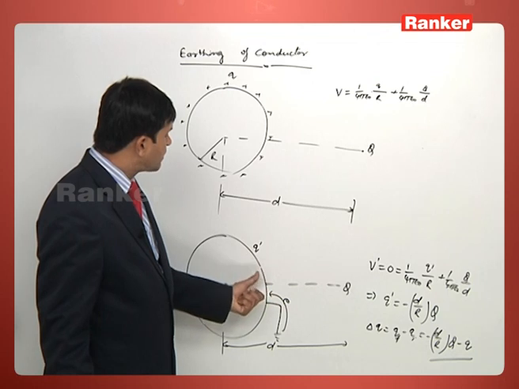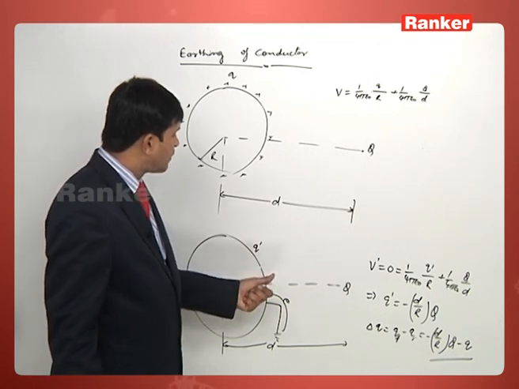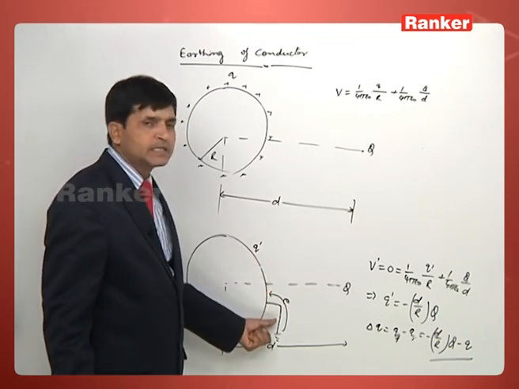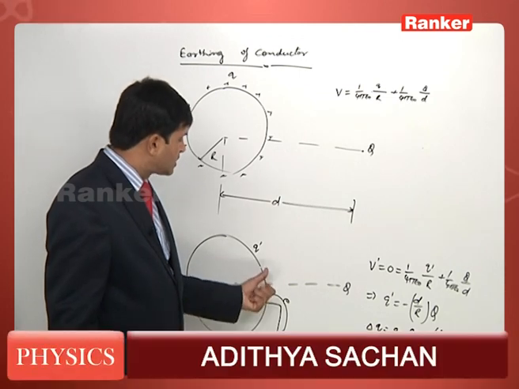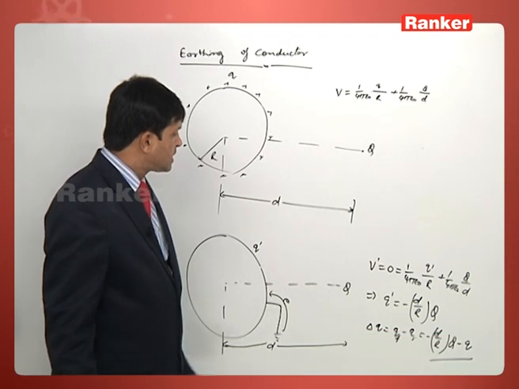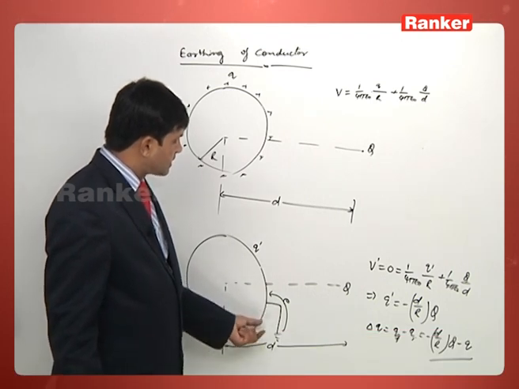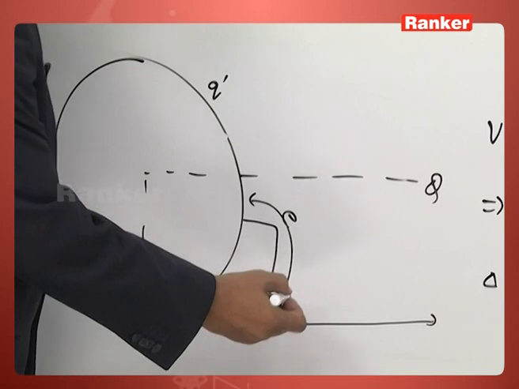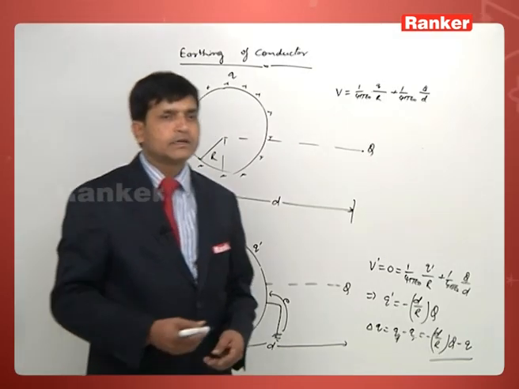So in this situation, we found that although the potential is 0, the charge on the surface is not 0. So this is the conclusion: earthing doesn't mean the charge on the surface is 0.